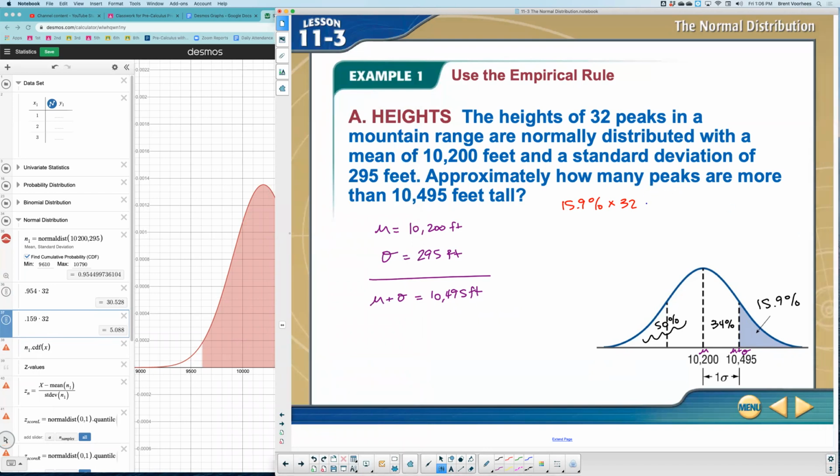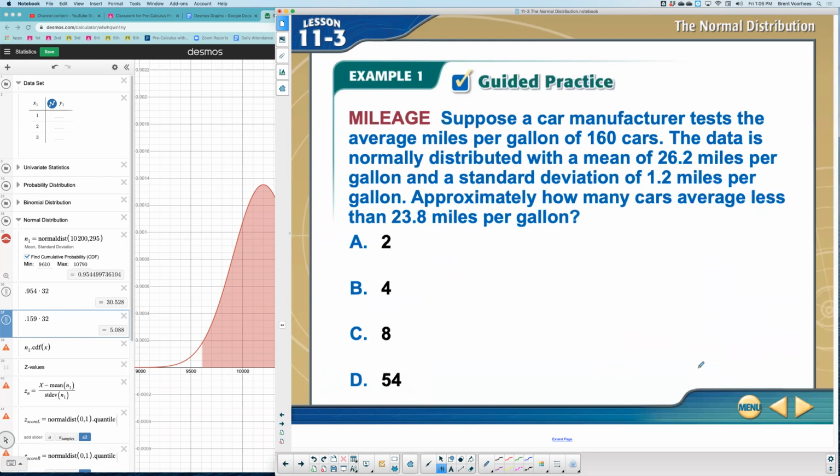About 5 peaks greater than 10,490 feet tall. So that's how you assess your data. So you'll need to do the same on this problem.